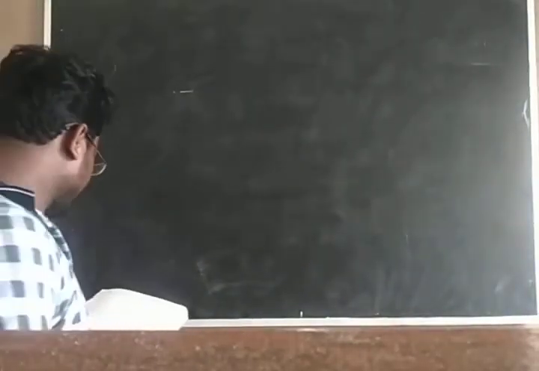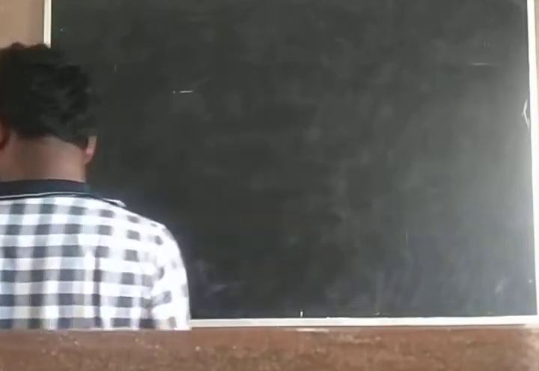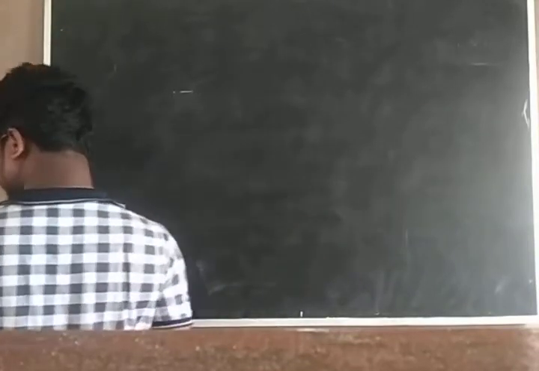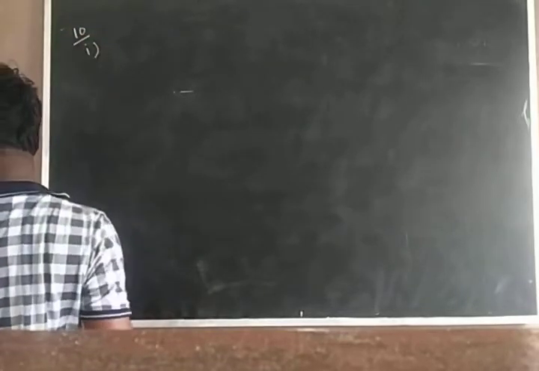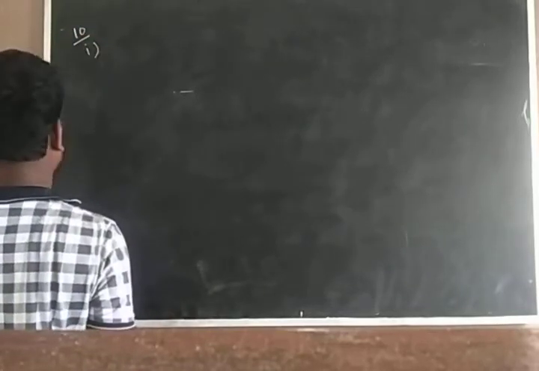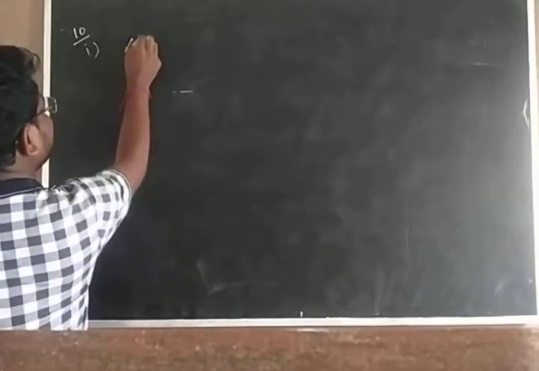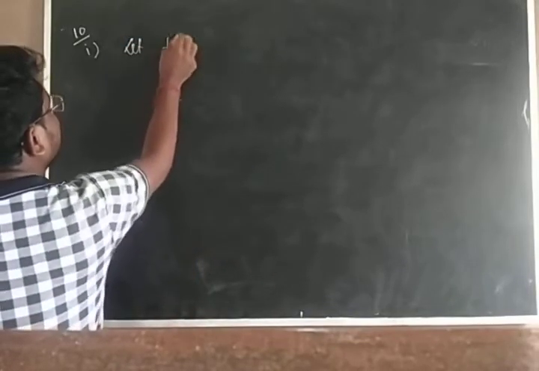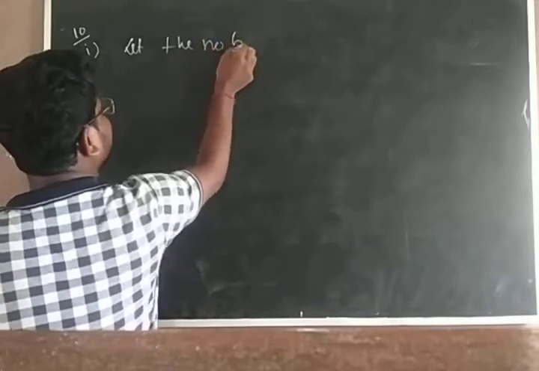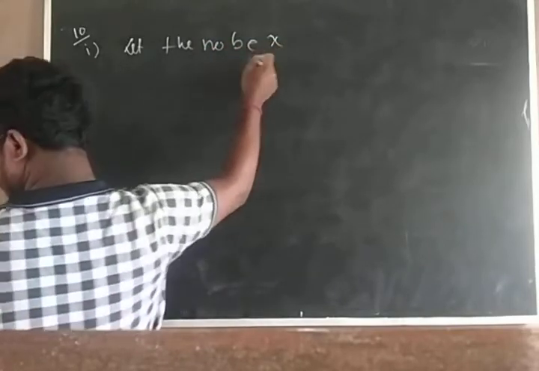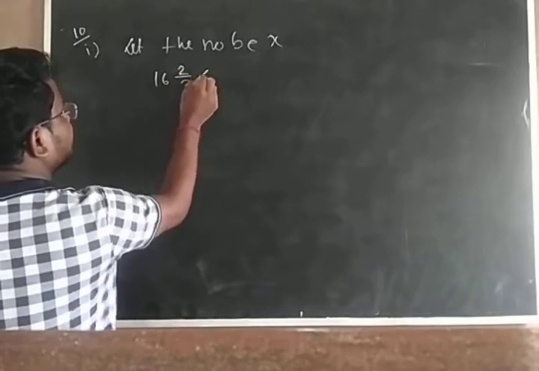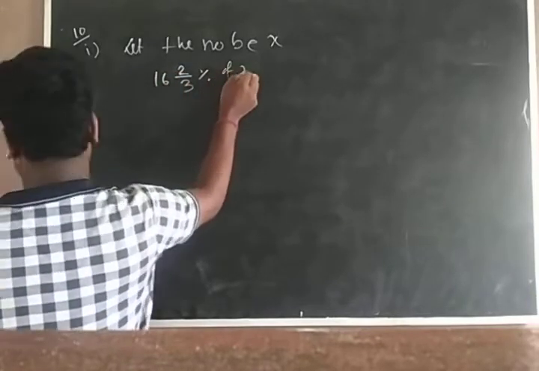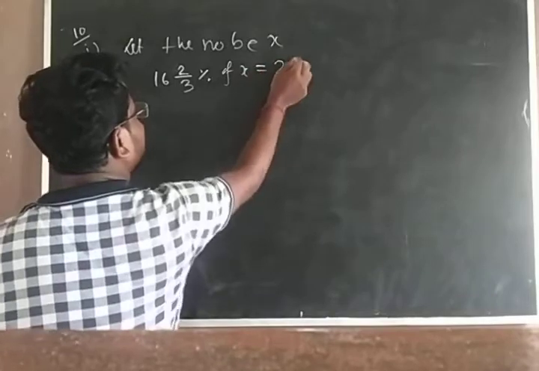Next, all of you see question 10, 1. 16 2 by 3% of a number is 25. Very easy. Let the number be x. Now 16 2 by 3% of x is equal to 25.